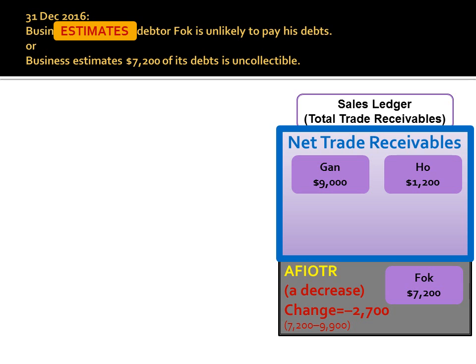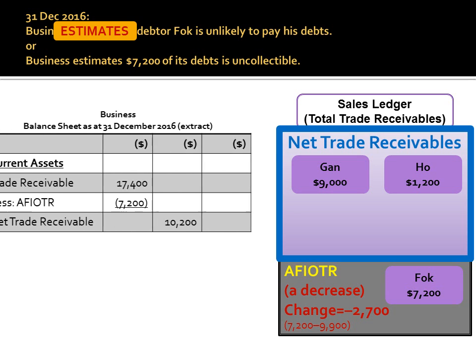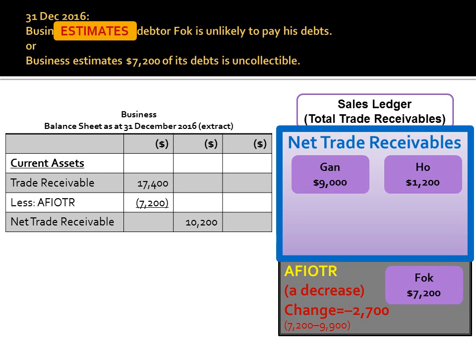This can also be shown in our balance sheet and income statement. From here we can see that there is a total owing from 3 credit customers of $17,400. One of the customers has been blacklisted and the amount is $7,200.